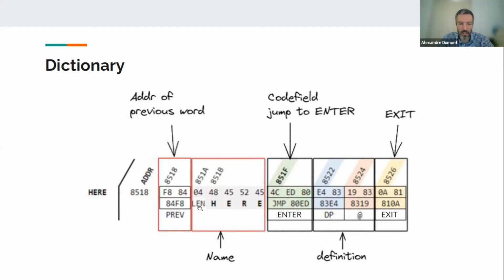The name is 5 bytes, 1 for the length and 4 for the letters. Then we can see a jump to enter. This block is 3 bytes because it's 1 for the opcode for jump, and then the address of enter. Then all the rest is 2 bytes per word: the data pointer, fetch, and exit.